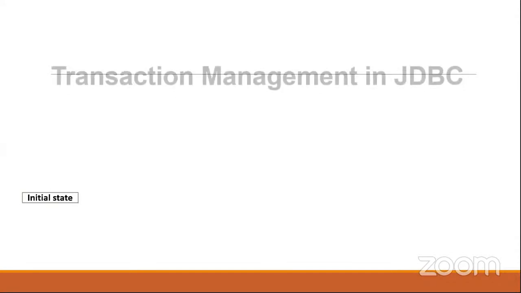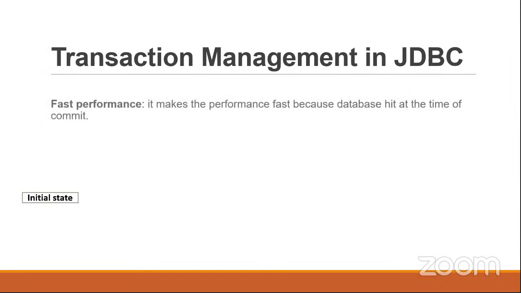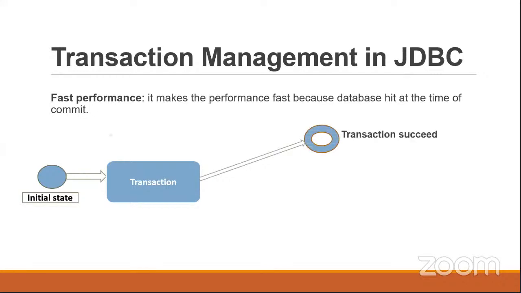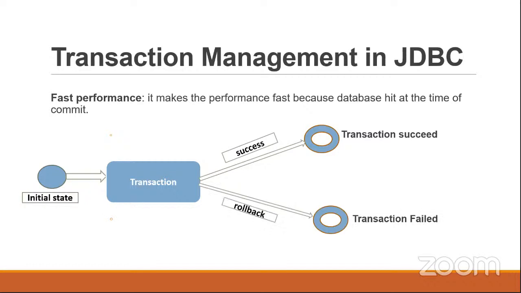Yes, of course, this transaction management provides faster performance because of these ACID properties. When the object is in the initial state and we perform transactions, when the object is in the transaction state, it can either go to transaction success, which we call the success state, or, in case the transaction fails, that state we call the rollback state.